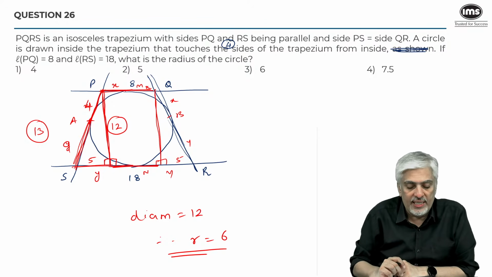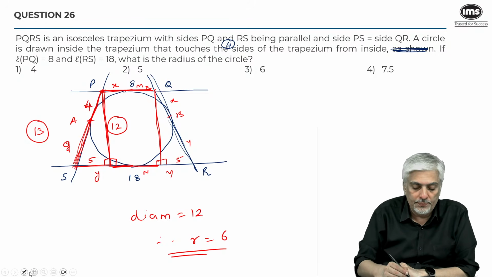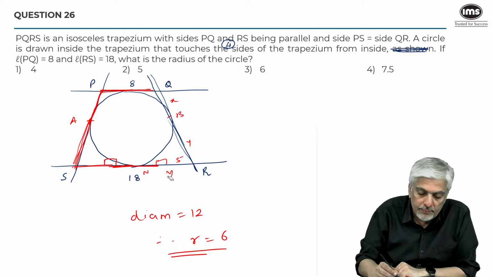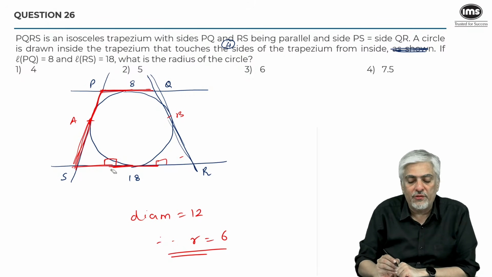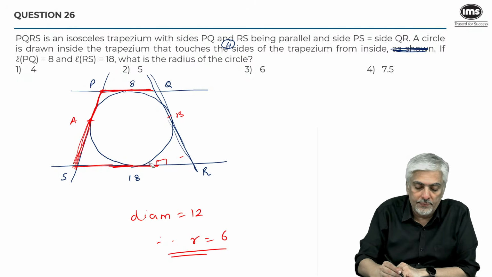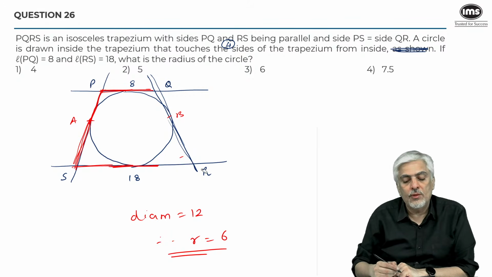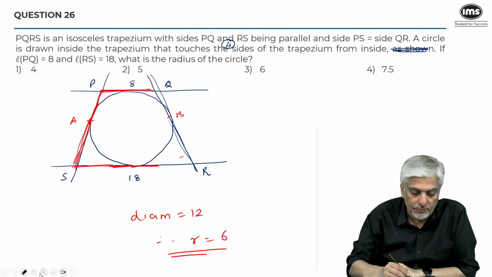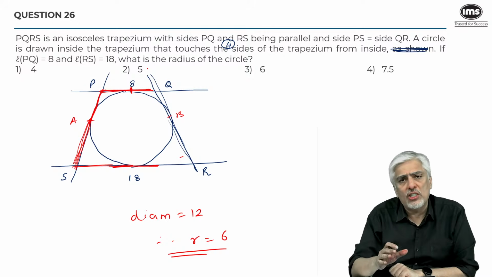Okay, not getting 13. I'll repeat it one more time for some students who have not got it. Because it's an isosceles trapezium, you can easily assume this to be a midpoint. Even if you don't assume, you will still get it.